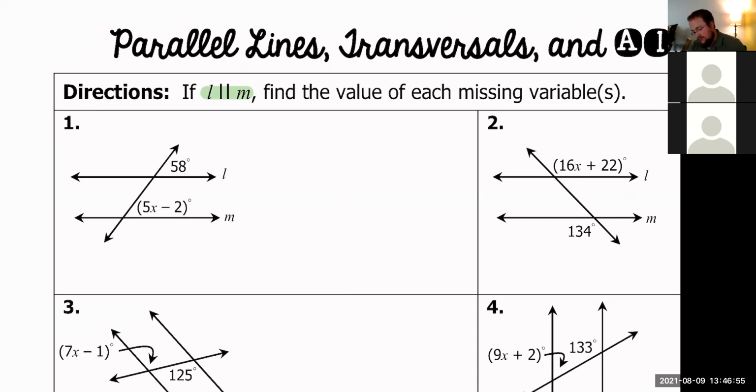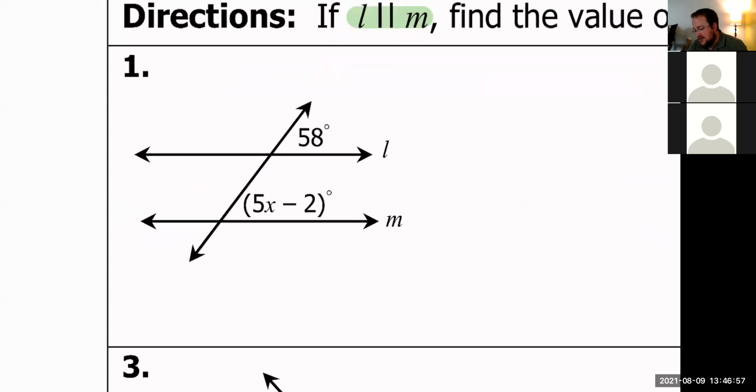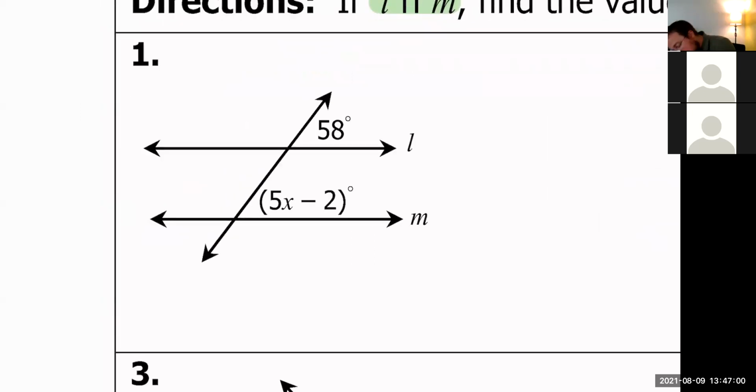Now, if you're a visual human being like me, I sometimes even go one extra step and put that little double arrowhead on there so that I know which of my 2 lines are considered parallel. Again, not required, but something that could be done.